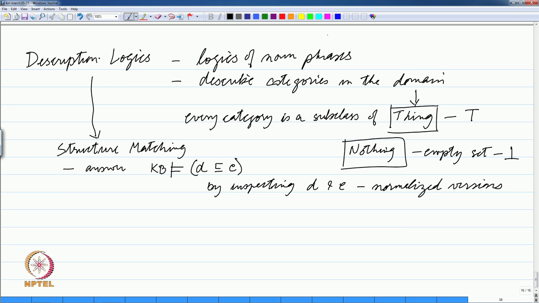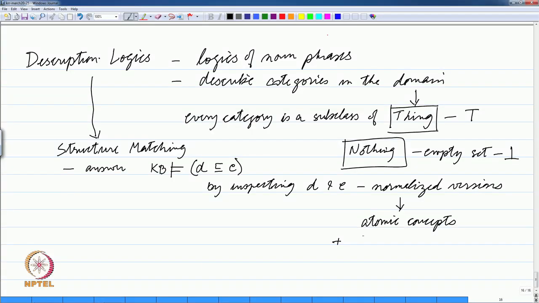So, what are normalized versions? Normalized versions contain atomic concepts. These are concepts which are not described any further. You would say that these concepts are in some sense the building blocks of the rest of the concepts. So, atomic concepts plus concept forming operators.